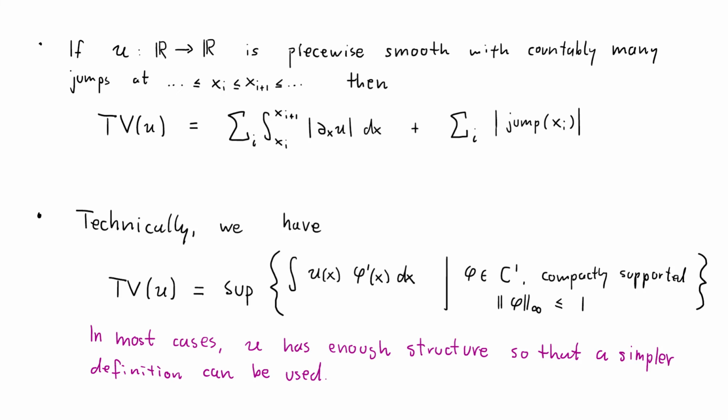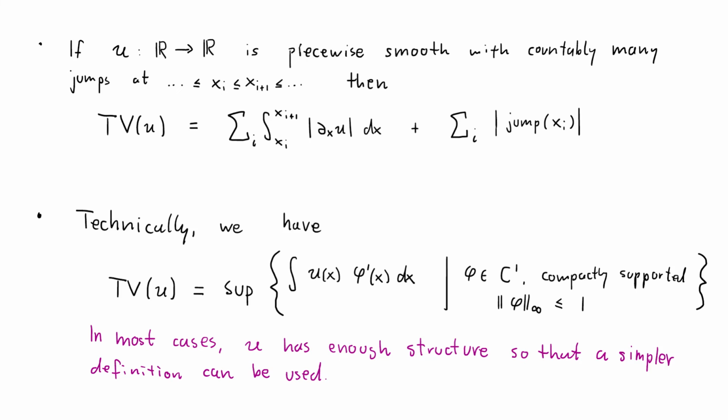Interestingly, total variation is also defined for functions that are not continuous. If u is a piecewise smooth function with countably many jumps at nodal points xi, xi plus 1, etc., then the total variation of u equals the following expression. On the one hand, we sum up the integrals of the absolute value of the derivative of u in between the nodal points. That's the first term here in the first equation.